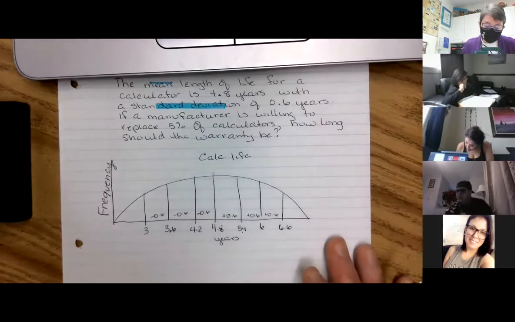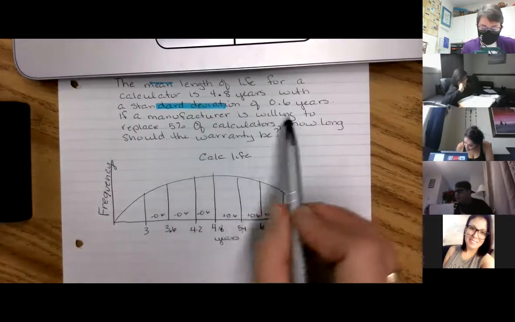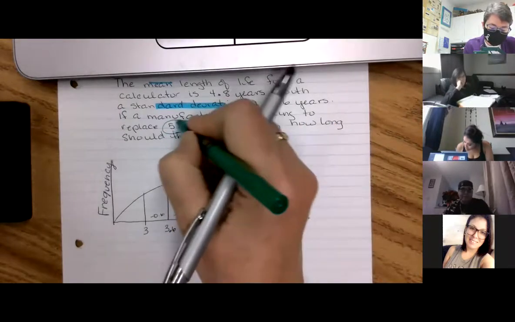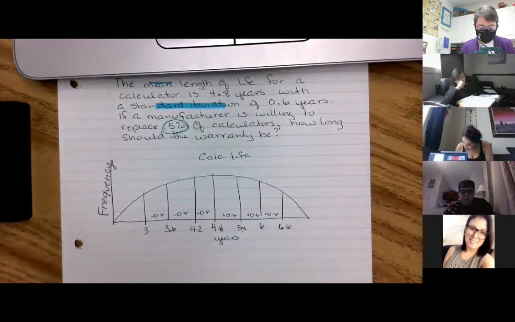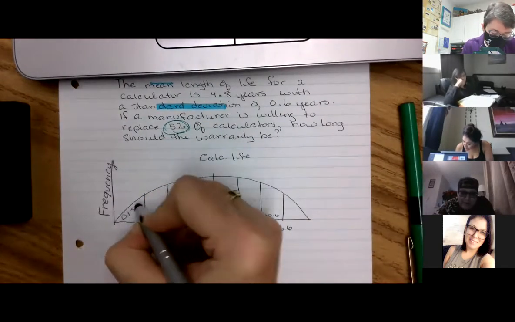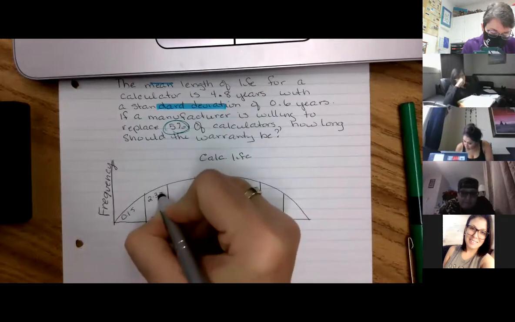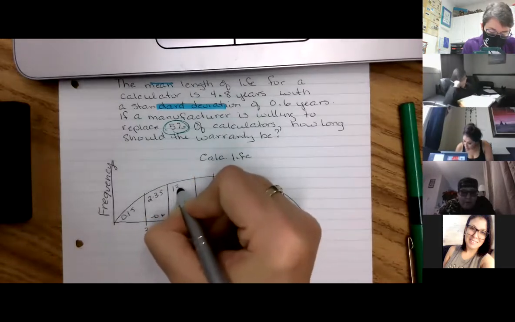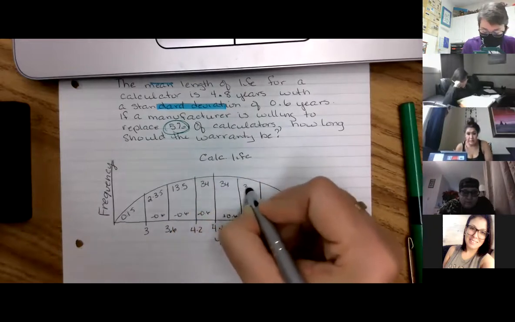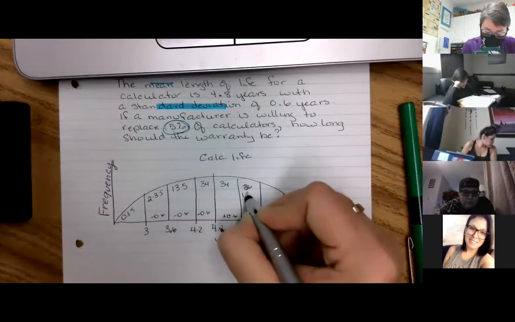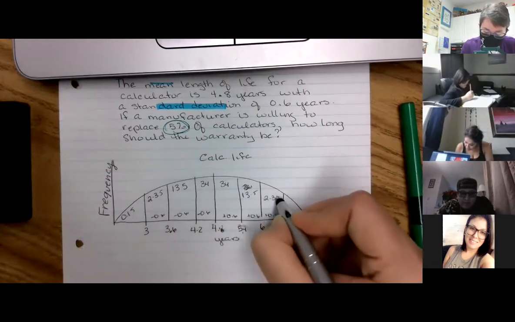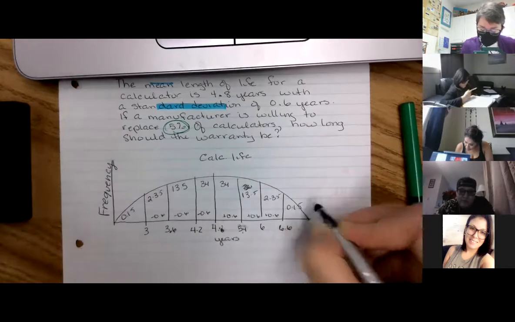All right, now I can read the rest of the question. If a manufacturer is willing to replace 5% of the calculators, how long should the warranty be? Whoops, I forgot my percents. I keep doing that. 13.5, 2.35, 0.15.